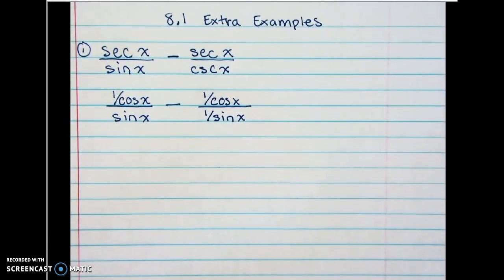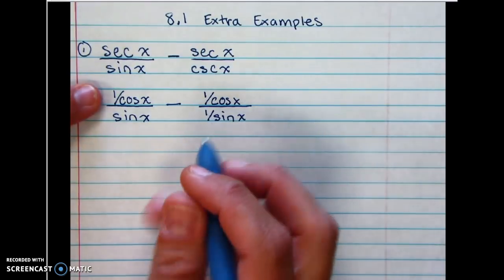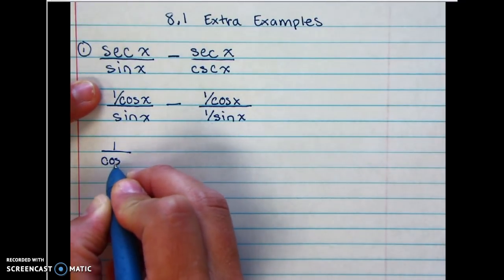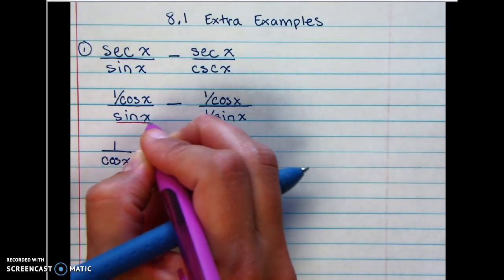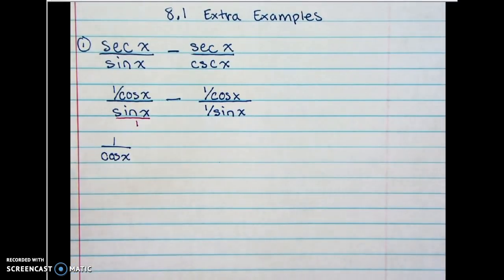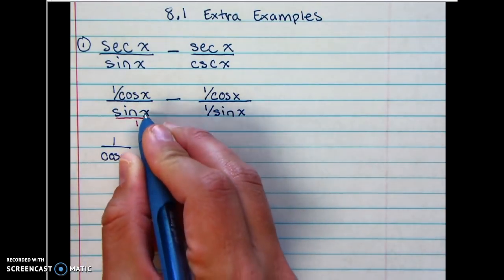Okay, so now we're going to figure out what this means. We have 1 over cosine, which we're going to change to this, 1 over cosine. Now, how do you divide by a fraction? We divide fractions by making this sine over 1, right? So we have 1 over cosine, and we're going to multiply by the reciprocal of this.